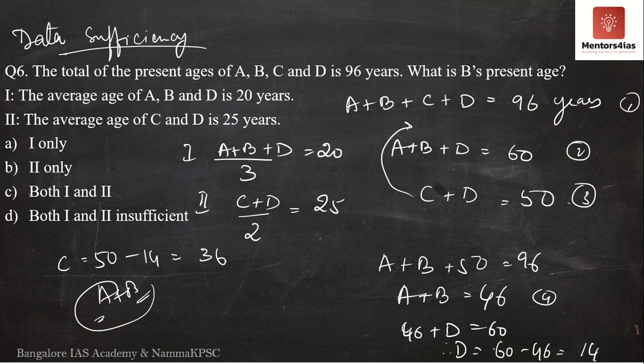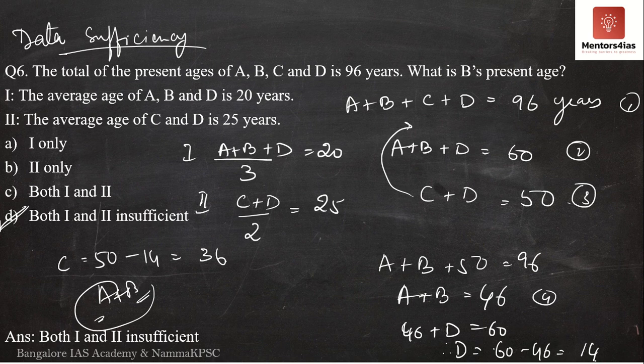The only answer that we are able to find is the age of C and D, not B or A. Therefore, the information contained in statement 1 and statement 2 is actually insufficient. Therefore, the correct answer is option D. Both statements 1 and 2 are insufficient for us.